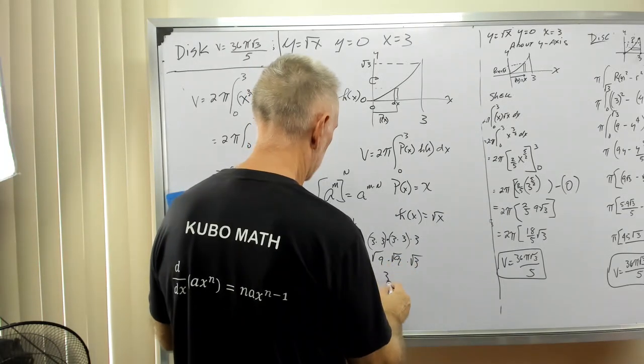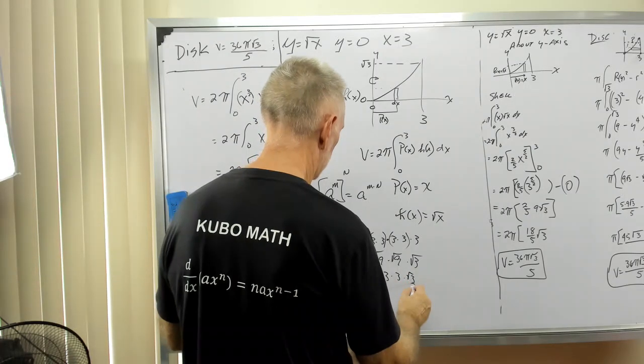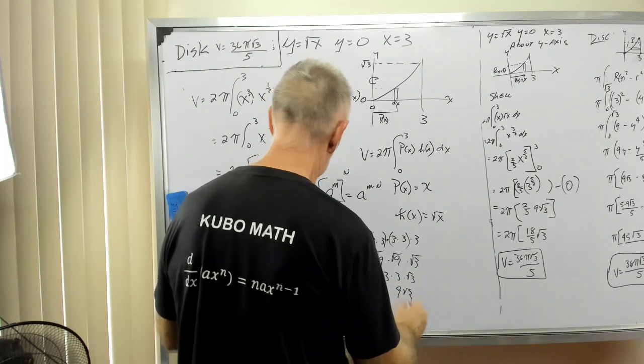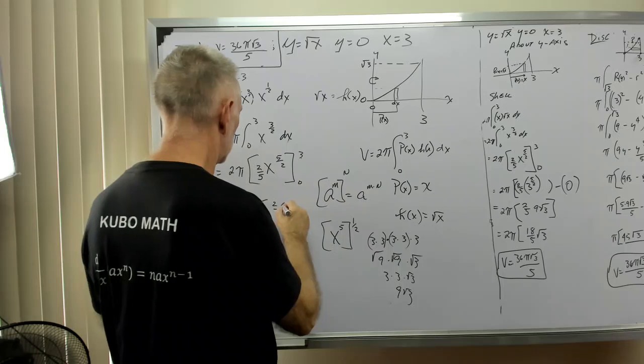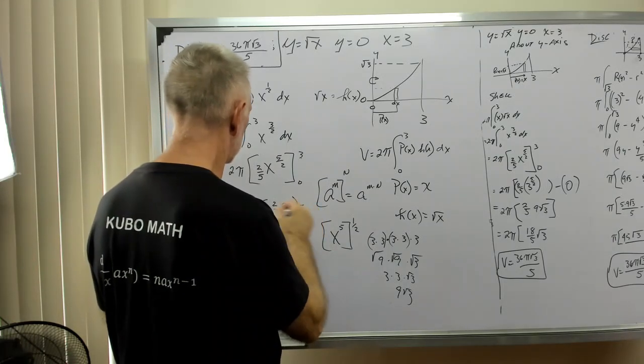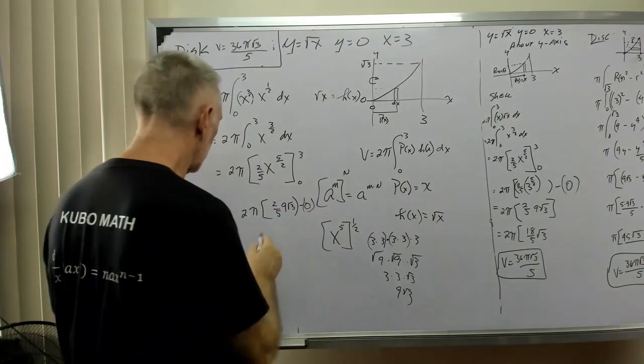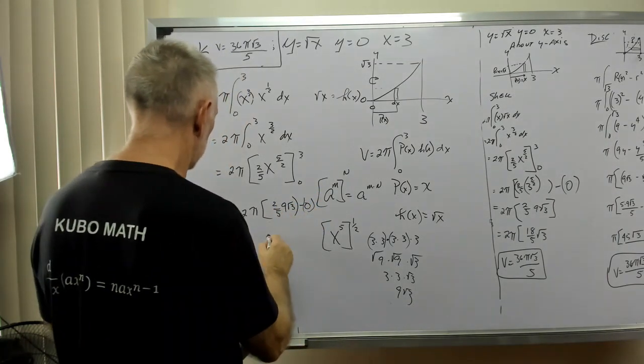So square root of 9 is 3. Square root of 9 is 3 times square root of 3. So 9 square root 3. So that's 9 square root 3 minus 0 put in there, and that's just 0. So 2 times 9 is 18.